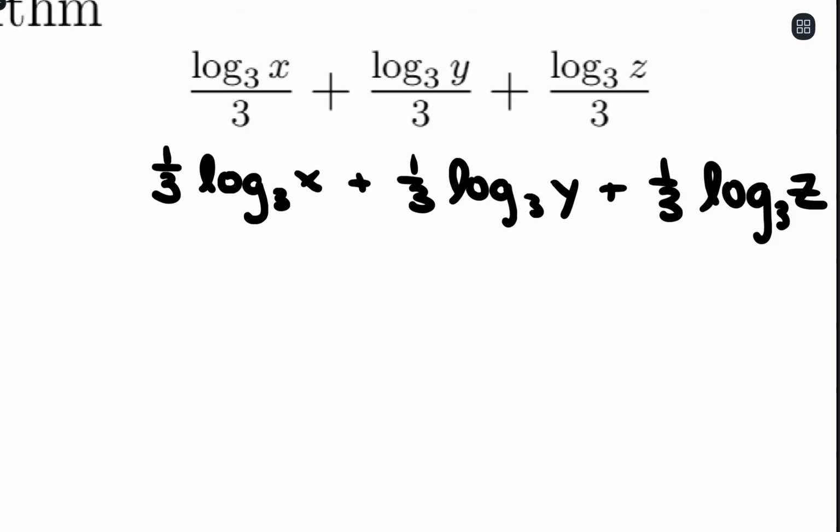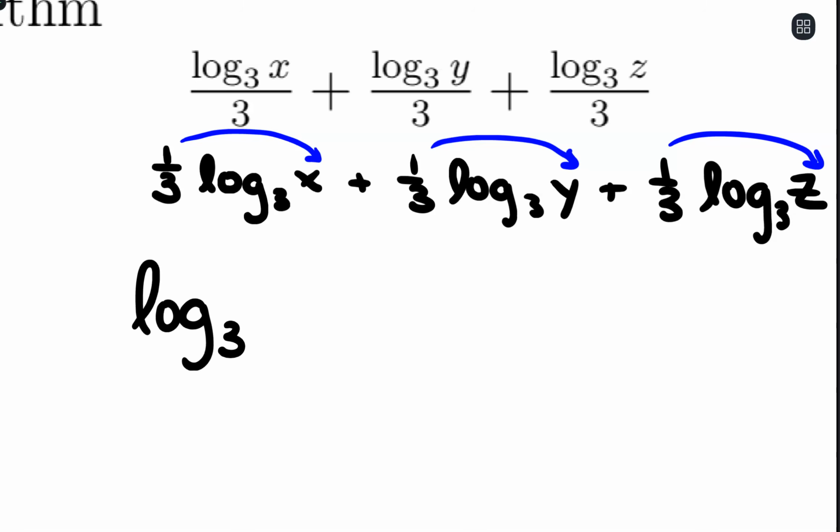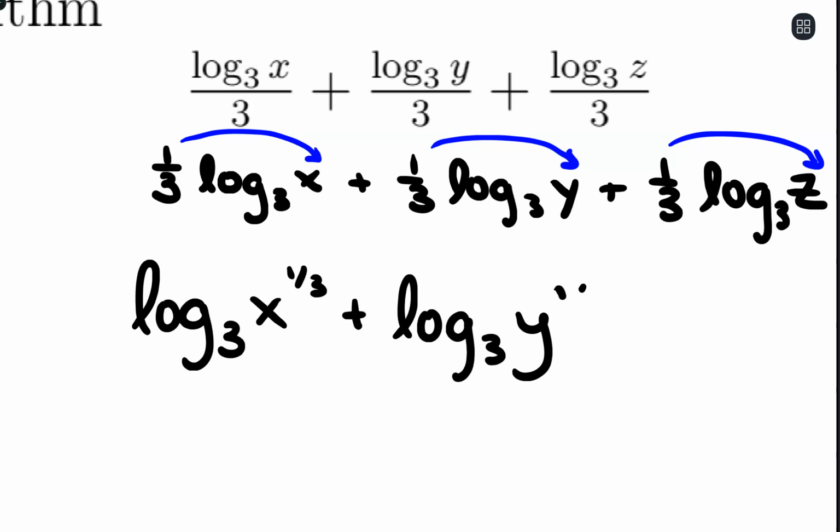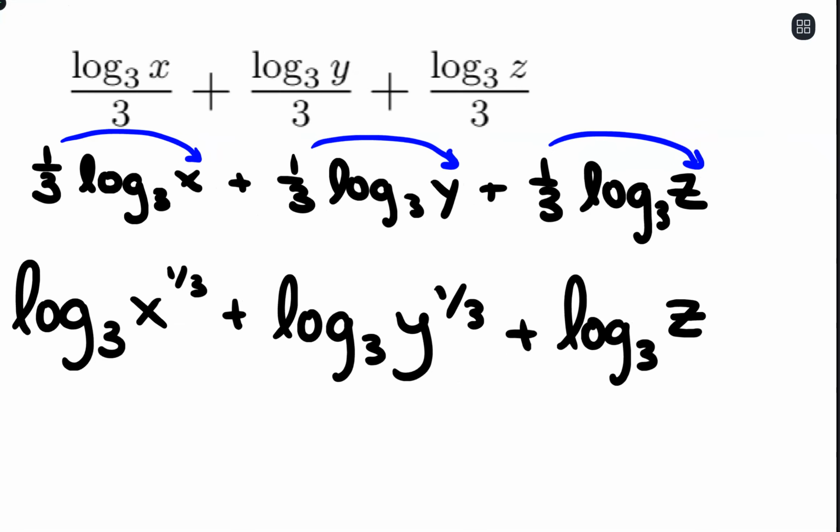And then what we could do is that 1/3 can come into each of those as an exponent. So log base 3 of x to the 1/3 plus log base 3 of y to the 1/3 plus log base 3 of z to the 1/3.